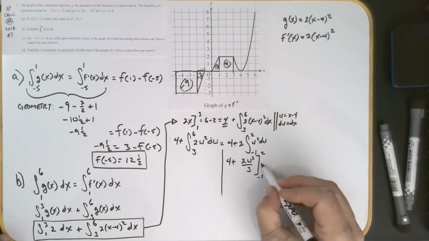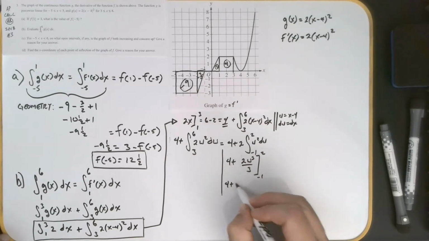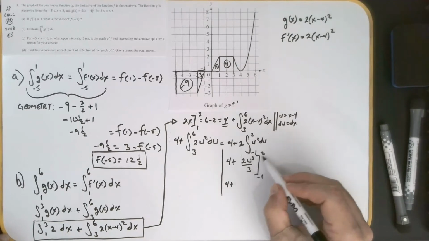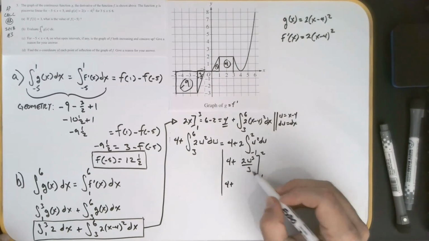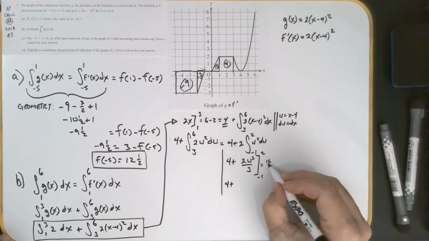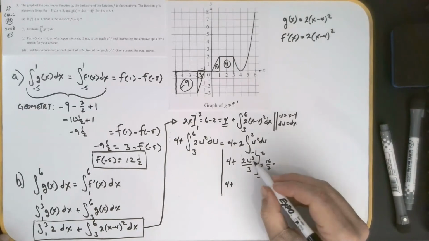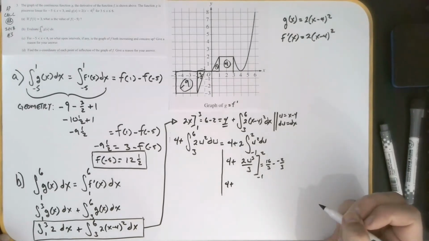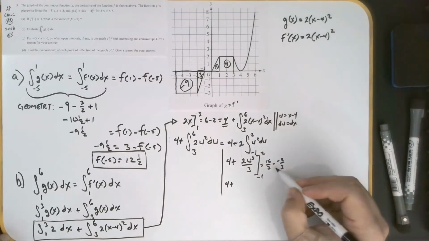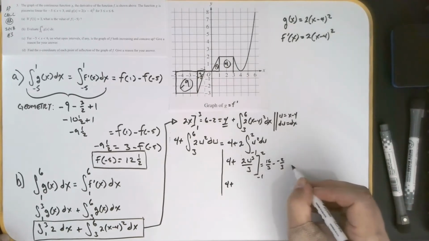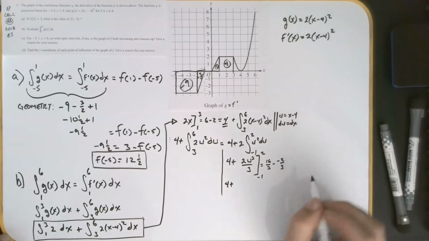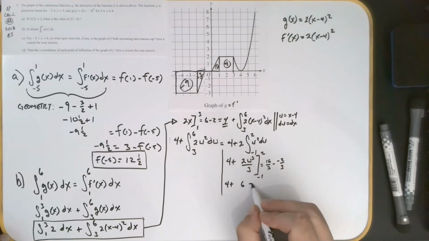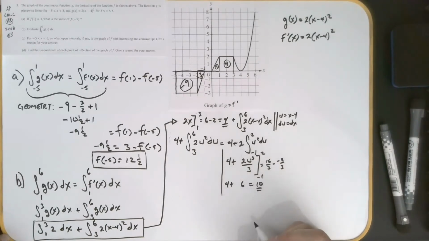Putting in the 2, I get 2 cubed is 8, 8 times 2 is 16, so 16/3 minus, put in -1, becomes -1, and that's -2/3. I get 18/3 right there, which is actually 6. So I get 4 plus 6, and I would get 10 as my final answer there.